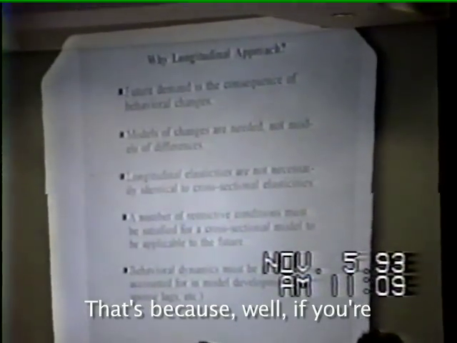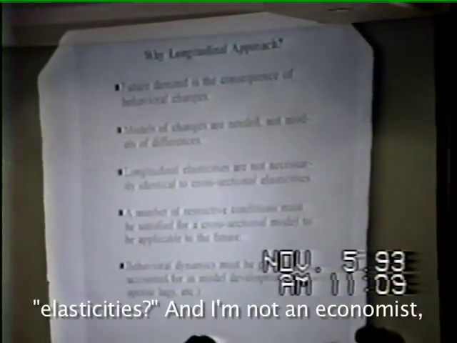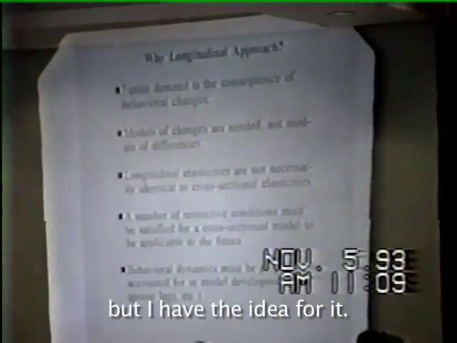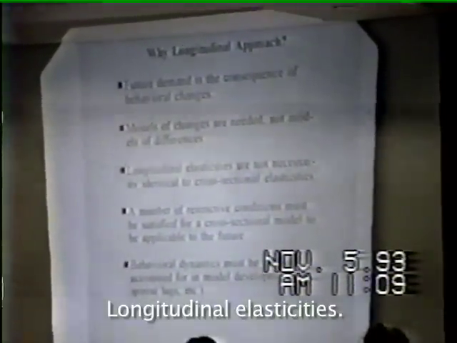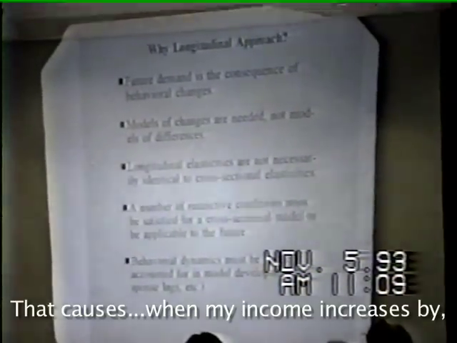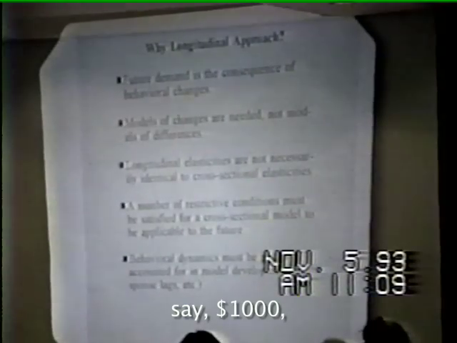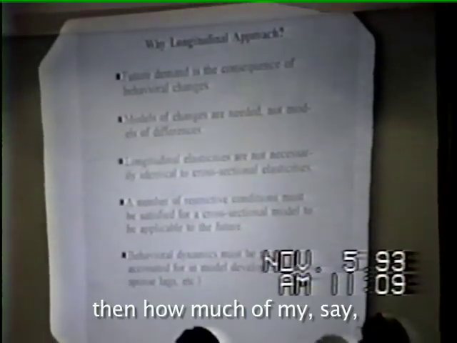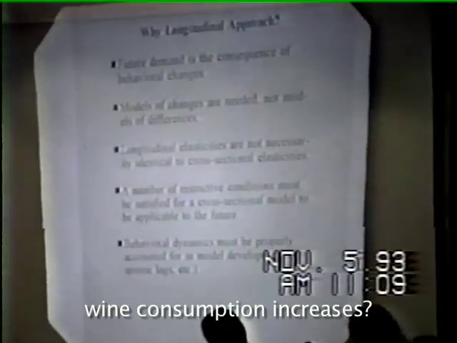That's because, well, if you're an economist, you know the term elasticities. I'm not an economist, but I have some idea about what it is. Longitudinal elasticities tell us, when my income increases by, say, $1,000, how much my wine consumption will increase, let's follow the case of Chuck Ferguson's.